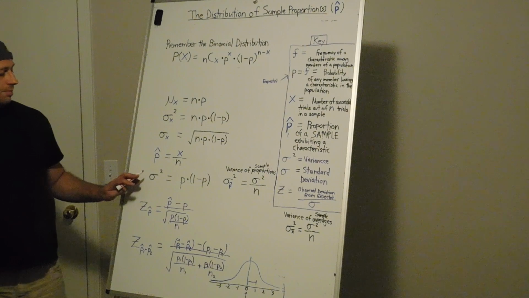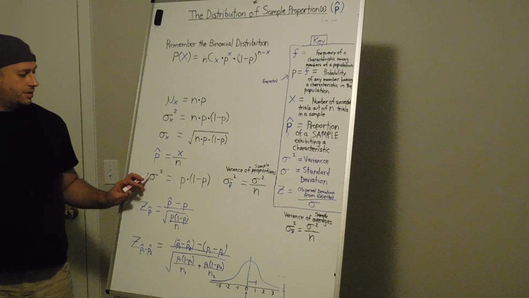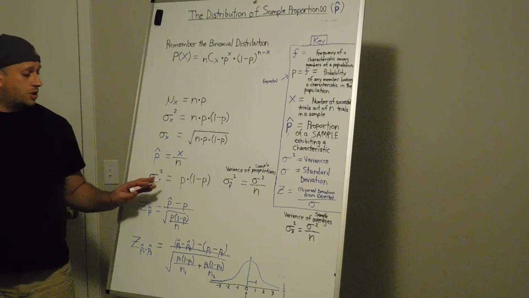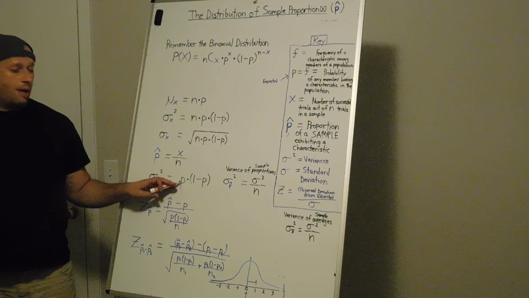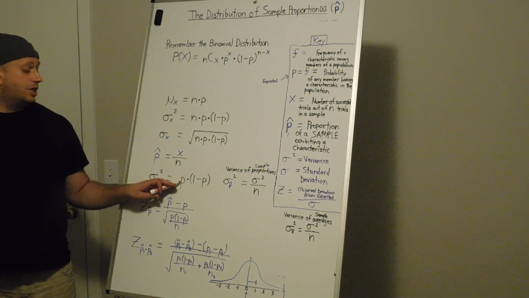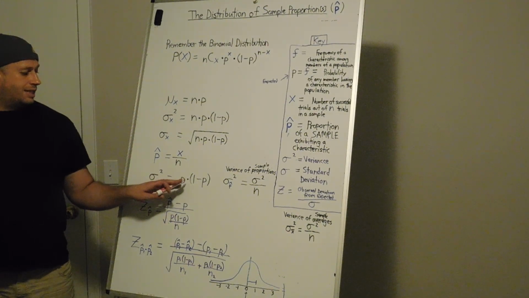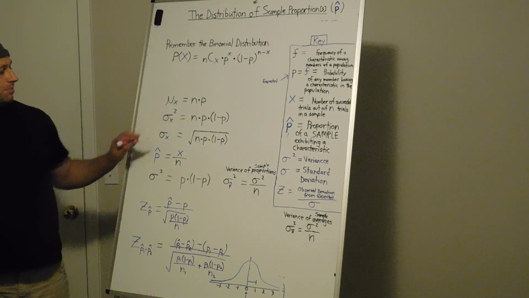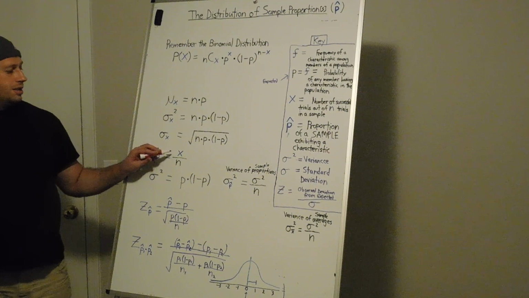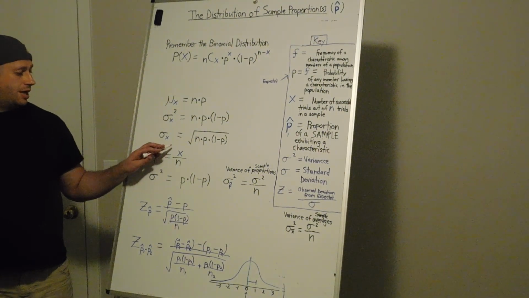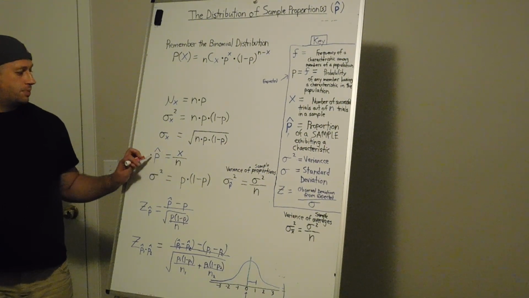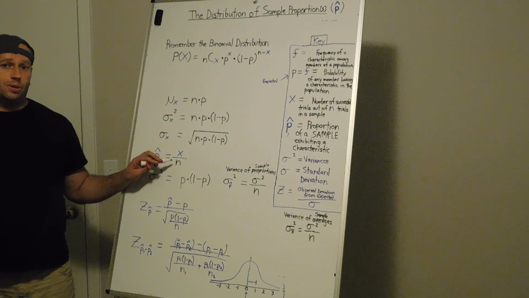Now, if we look at the actual variance for the population, when we're looking at a proportion, we would take the probability of each member being what we're looking for, what we're finding the proportion of. Then we would take that times 1 minus p, because really this derives from the binomial distribution. Because remember, for a proportion, we're taking the actual number of cases we found for this proportion, and we're dividing it by the number in that sample.